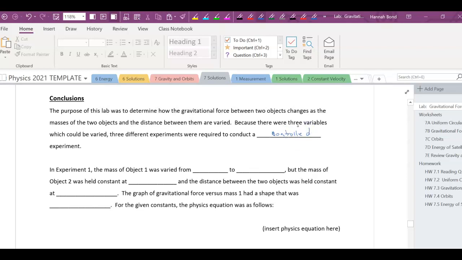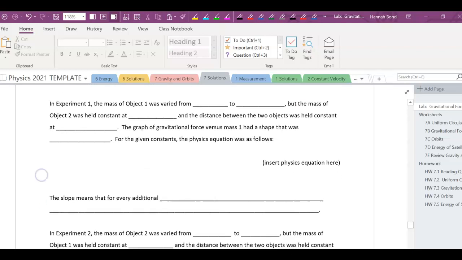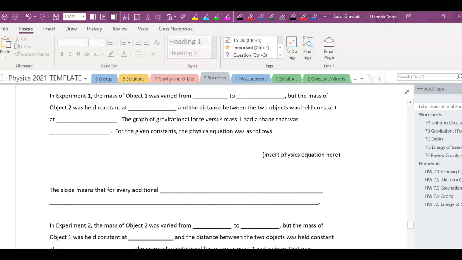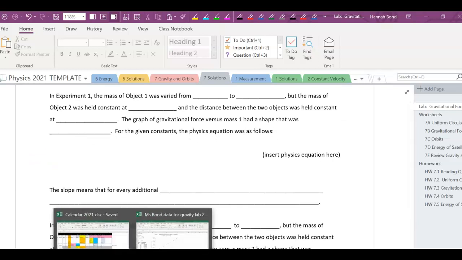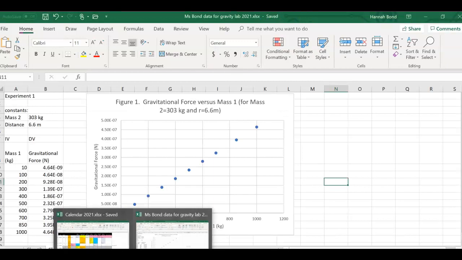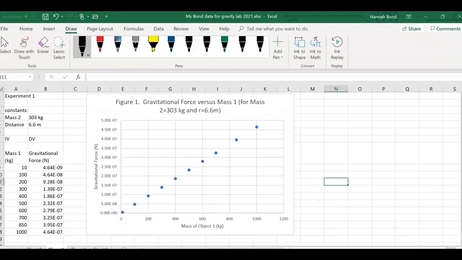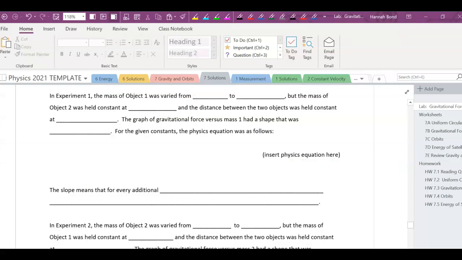And I'll just, as an example, show you how to put in the information that summarizes each experiment. So first I'm just going to show my experiment 1 because yours will be different, right? But in my experiment 1, my mass 2 was held at 303 kilograms and the distance was 6.6.